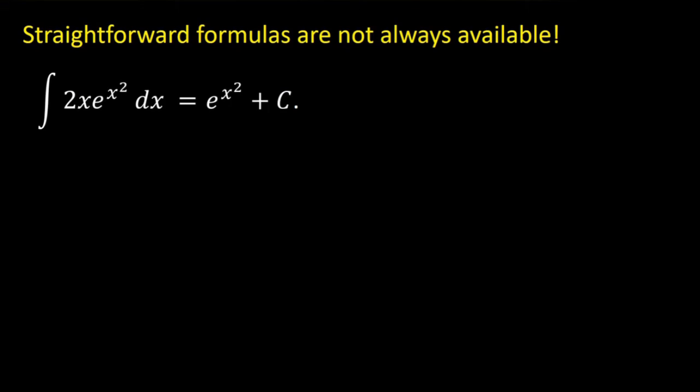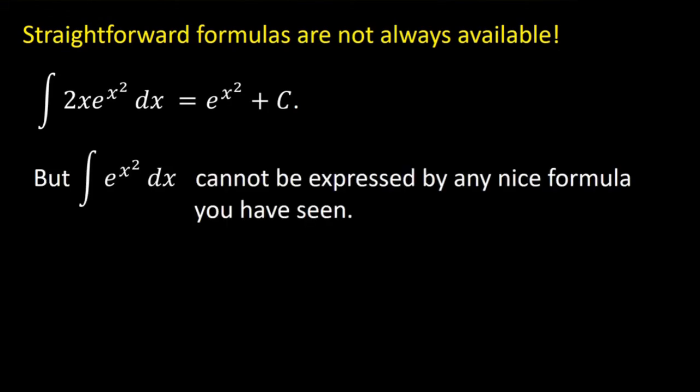Now, I should caution you that straightforward formulas for antiderivatives are not always available. Try as you may. Here is the first example I showed you. Antiderivative of 2x e to the x squared is something simple. You might think that if you took out that 2x, that should make it even simpler, but it doesn't.